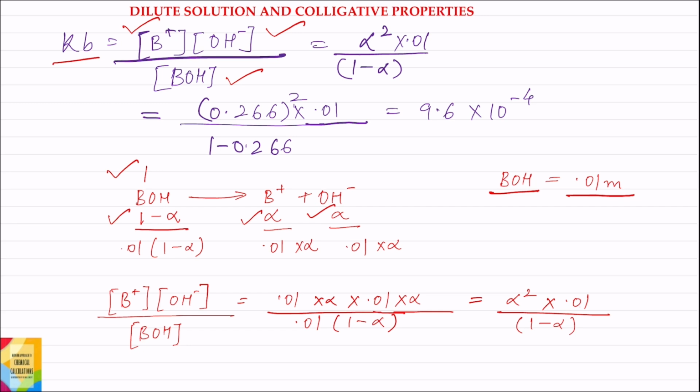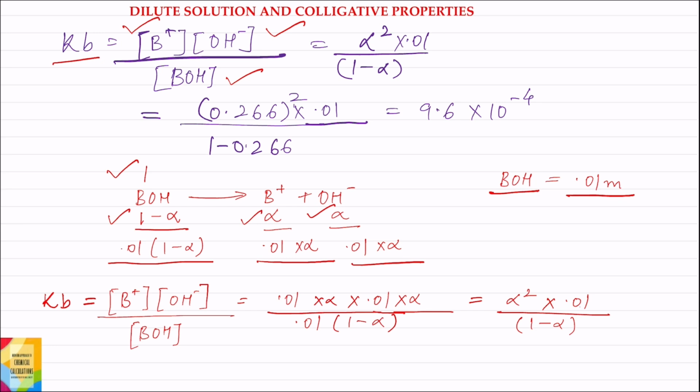So when the initial concentration of BOH is 1 mole, the concentration of B plus and OH minus ions is alpha moles, and when the initial concentration of BOH is 0.01 moles, then the concentration of B plus ions will be 0.01 into alpha, OH minus ions will be 0.01 into alpha, and the remaining BOH will be 0.01 into (1 minus alpha). Now the value of Kb is equal to B plus ion concentration into OH minus ion concentration divided by concentration of remaining BOH.